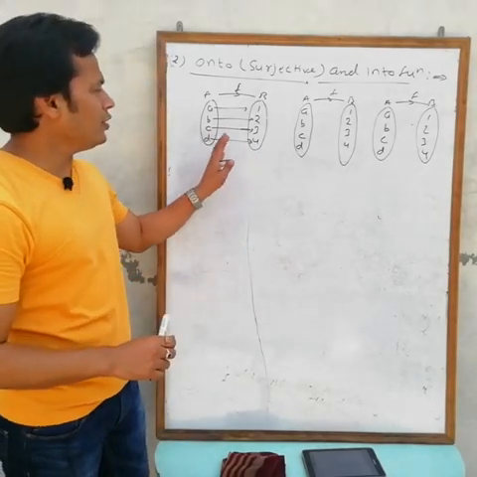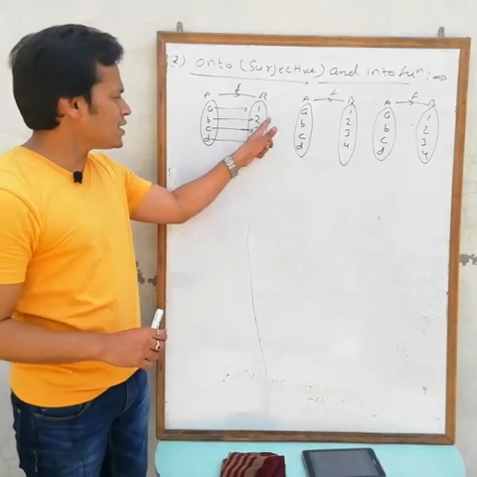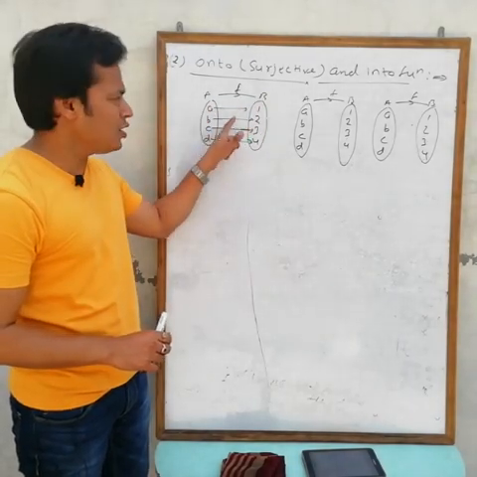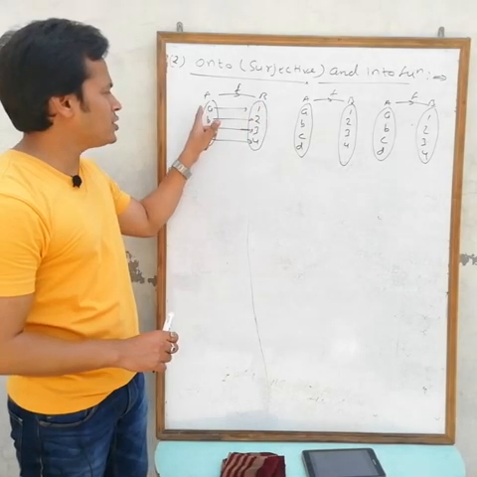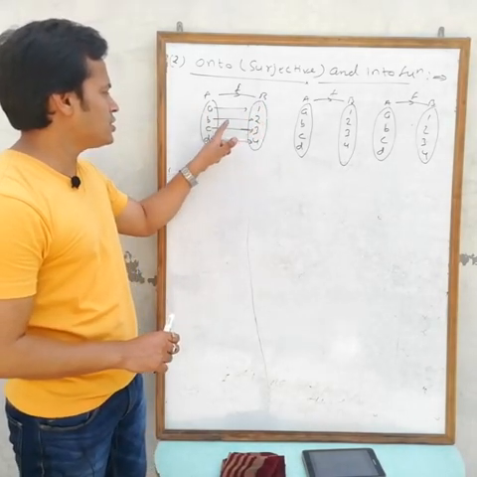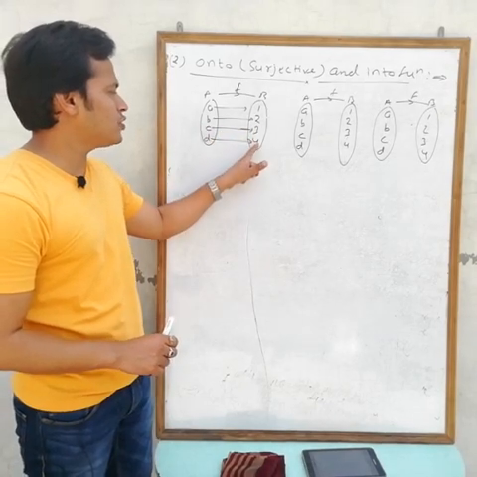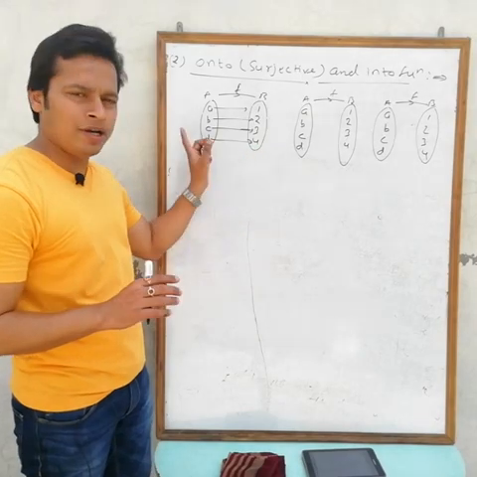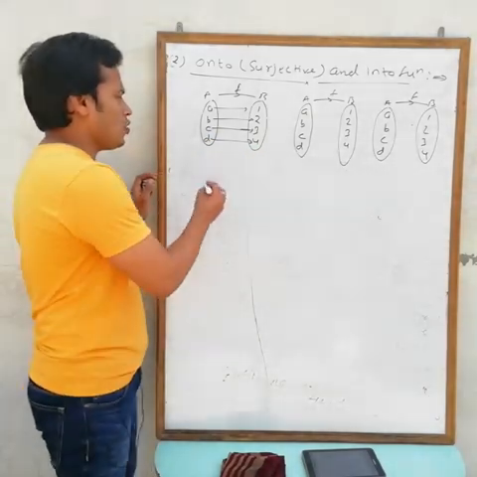Okay, now in this example, each element of B has at least one pre-image. The pre-image of 1 is a, the pre-image of 2 is b, the pre-image of 3 is c and the pre-image of 4 is d. So each element has at least one pre-image, then this one is onto.